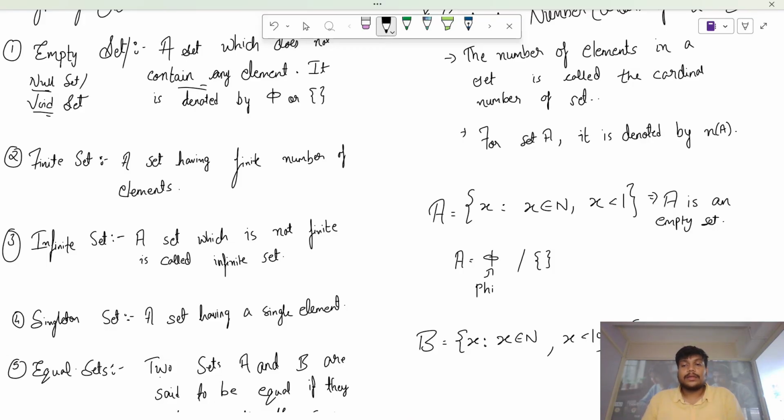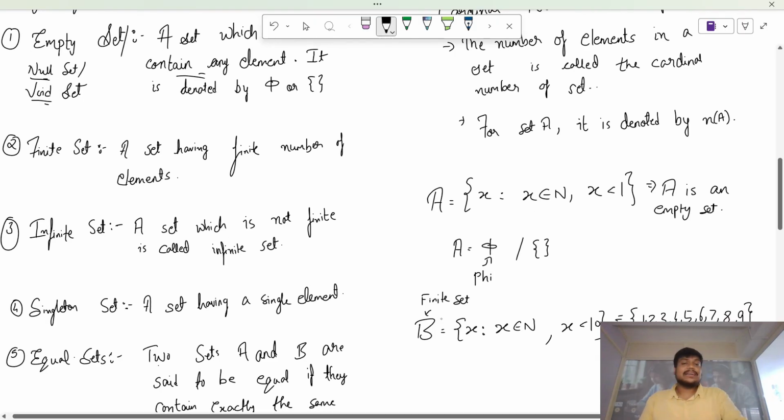It would have 1, 2, 3, 4, 5, 6, 7, 8, 9. We already know this set B has 9 elements and it is a finite number. So if a set has a finite number of elements, then I would call it a finite set. In this case, B is a finite set.